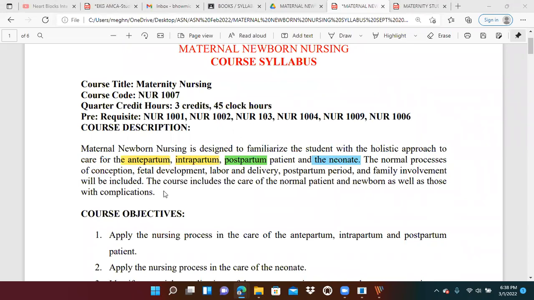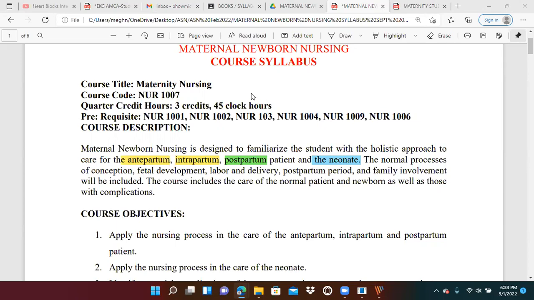So, as I told you, the course includes the care of normal patients and newborns, as well as those with complications. My friend, here I'm just talking about the introduction today.